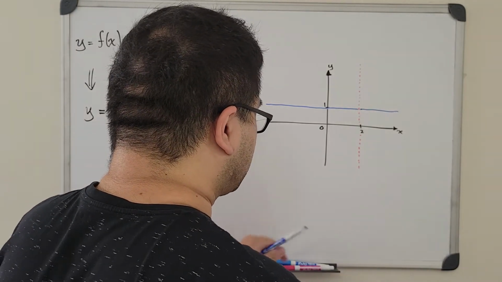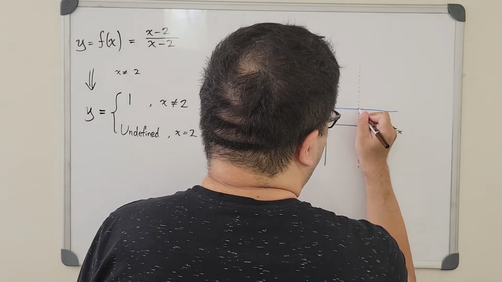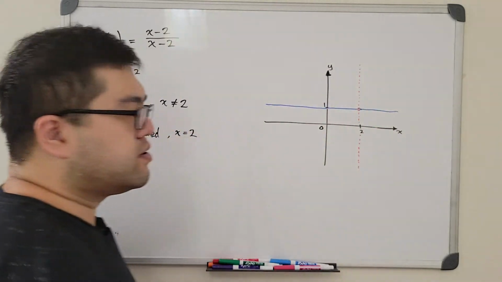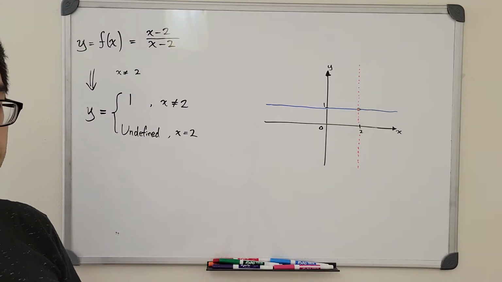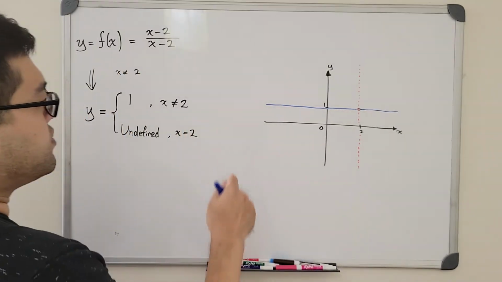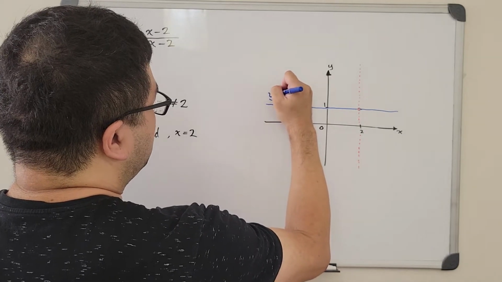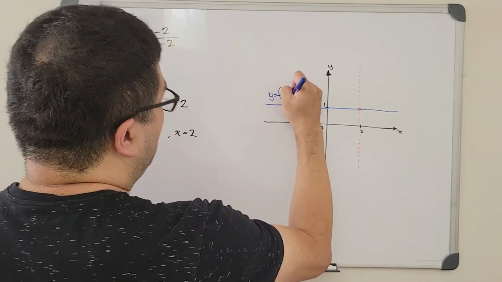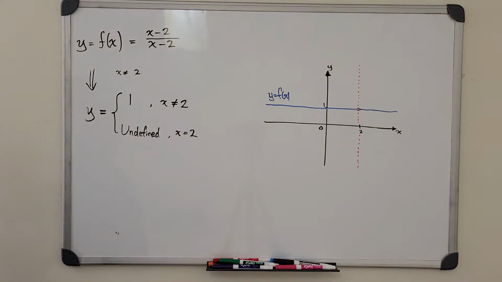When we want to exclude some points, we always say that we need to draw an open circle like this, so that we're saying that that point is not part of the graph of the function. Good. So this is going to give us the graph of the function y equals f of x, which is defined as (x minus 2) over (x minus 2).